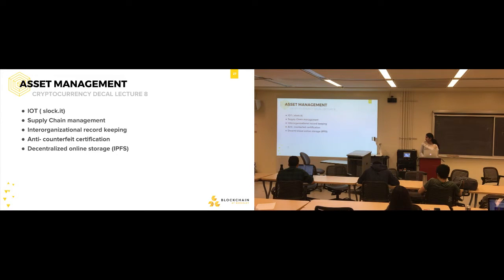Asset management: blockchain can be used for IoT supply chain management or online storage of information or files, which is what IPFS does. They're a company called Interplanetary File System, and you should check them out. They're pretty cool.